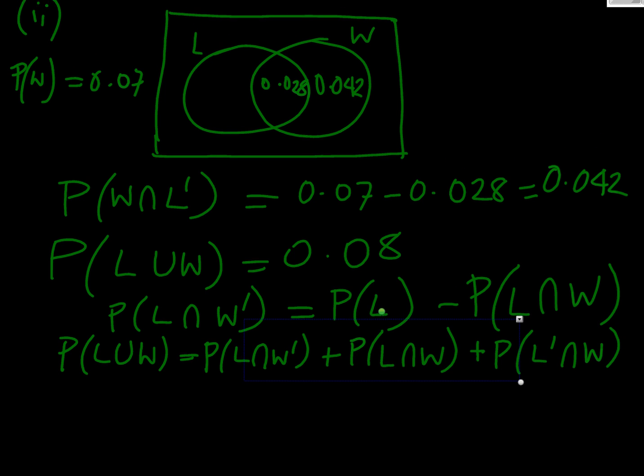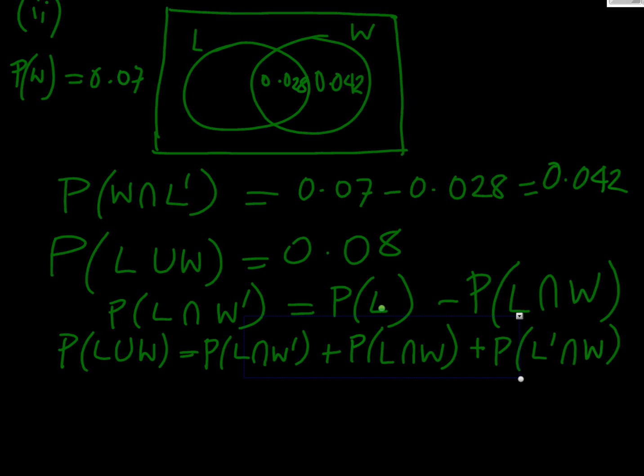Because we know that the total area here, let's just go around it quickly. They've told us what that total area is, that's the 0.08, isn't it? So here we've got a very simple one.